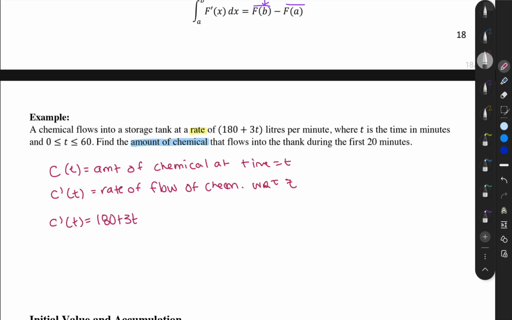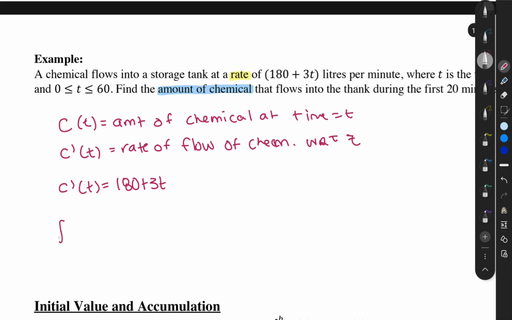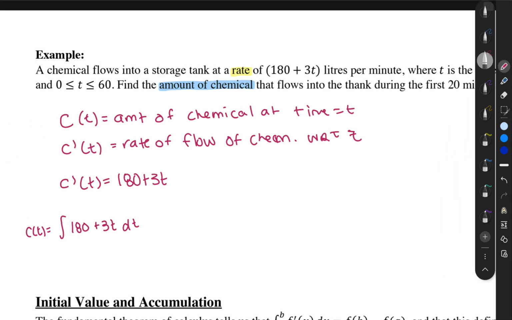And so if I want to go back to an amount, I'm integrating. I'm taking an antiderivative. And so C of t is the integral of 180 plus 3t dt. Now, if I talk about that as a definite integral, because C of t is going to be a function, it's going to tell me the amount of chemical.